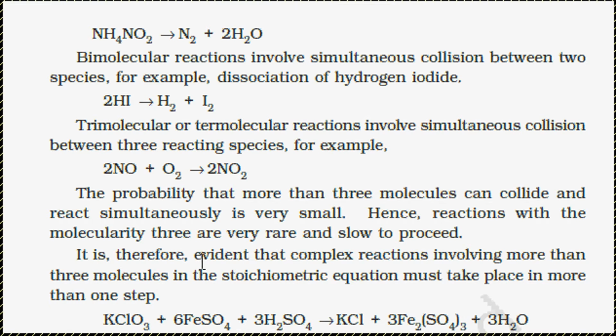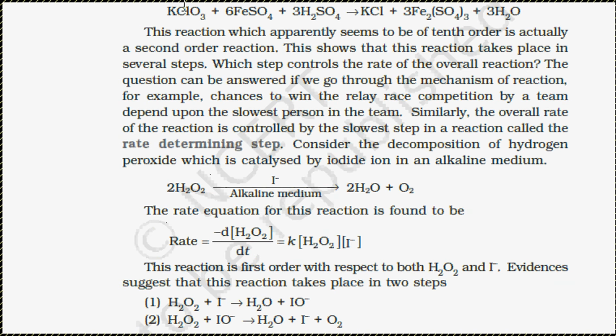It is therefore evident that complex reactions involving more than three molecules in the stoichiometric equation must take place in more than one step. So here they have shown you a reaction which seems to be of the 10th order but is actually a second order reaction. This shows that a reaction takes place in several steps.